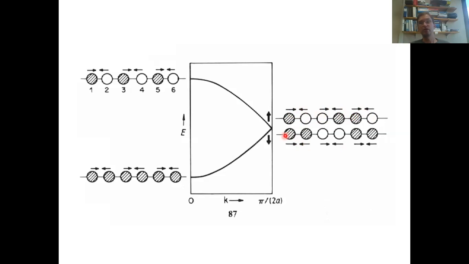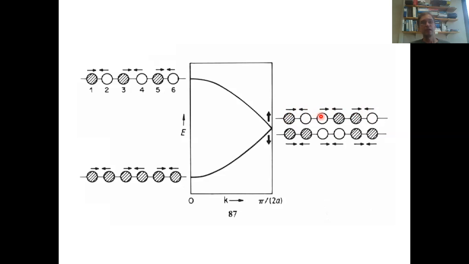So what does that mean for the energy of these non-bonding crystal orbitals? Here we enhance the bonding interactions and weaken the antibonding interactions. For that reason, that crystal orbital will go down in energy. And for this crystal orbital here, we will increase the antibonding interactions and decrease the bonding interactions. Therefore, this orbital will go up in energy.